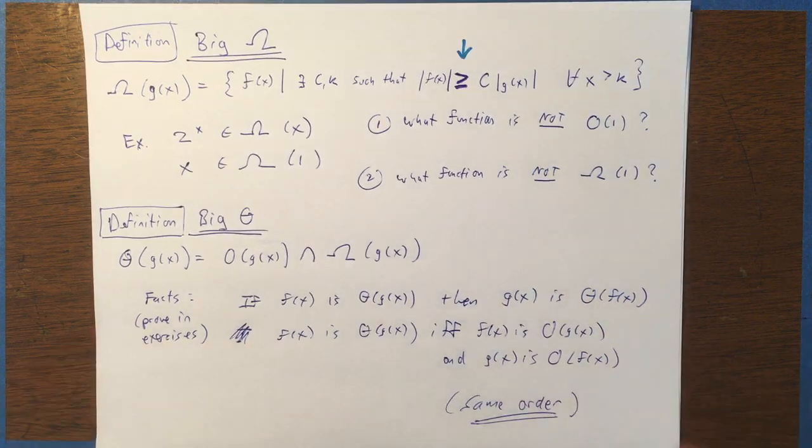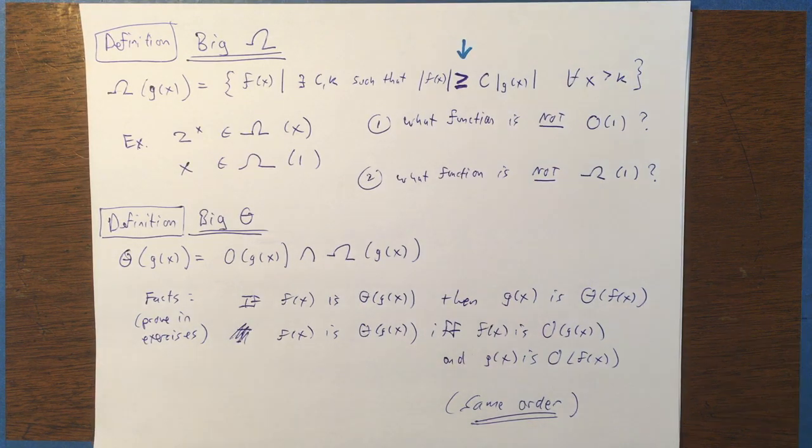So for example, x squared is going to be big theta of 5x squared plus 2x minus 1. Any two quadratic polynomials are going to be big theta of one another, right? Even if you take two quadratic polynomials and add things, like say you add a logarithm to each of them, those are still going to be big theta of each other because they are big O of one another as well.